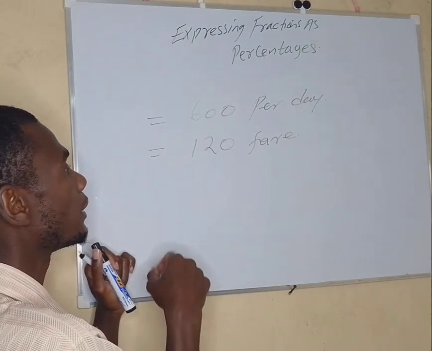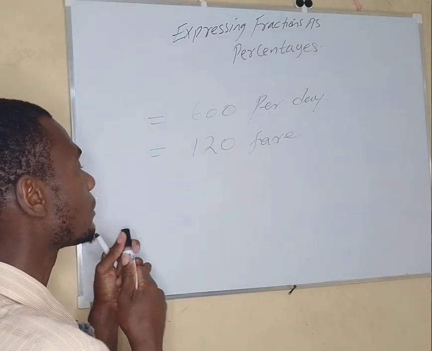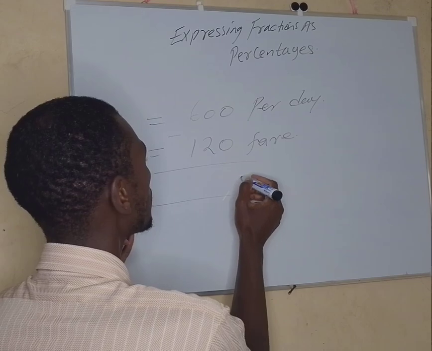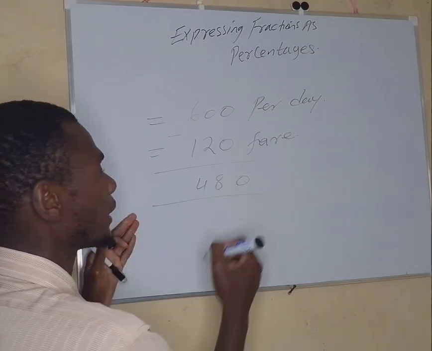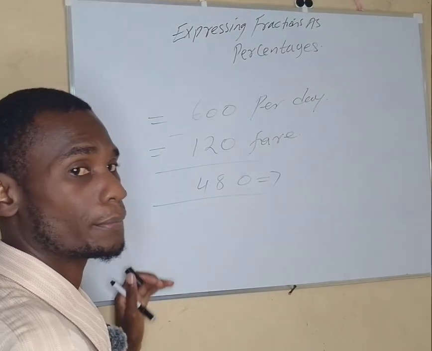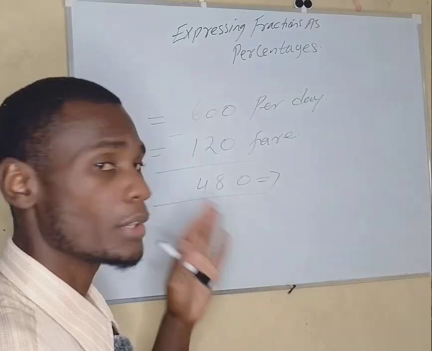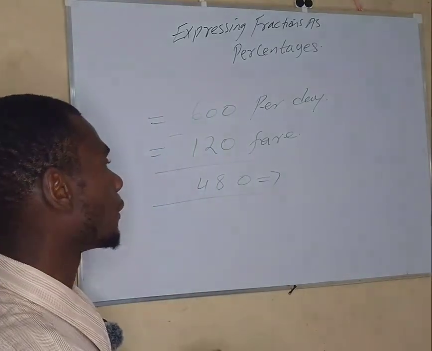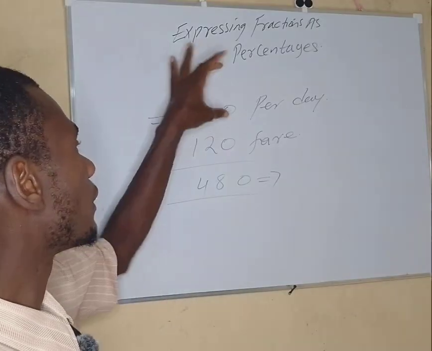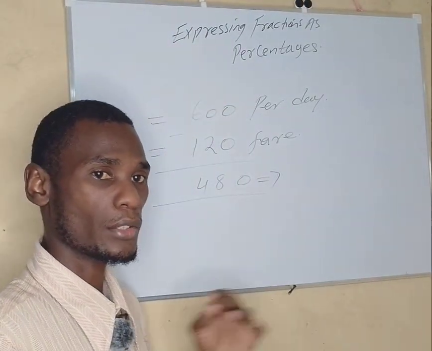So out of 600, if he uses 120 for fare, we can get the difference. What this person is remaining with is around 480. This is the money the person has for survival. And therefore, anything that is asked in terms of fractions, all of them are out of the 600, because the 600 is the total amount.